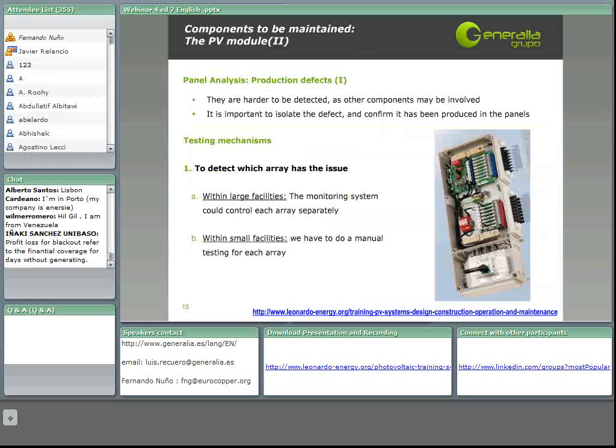So, in small facilities, we can do a manual testing for each array, but normally, within large facilities, the monitoring system has to control each array separately, and if we want to detect this kind of defects, the monitoring system should notify which array is failing.